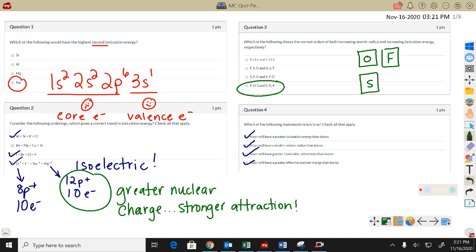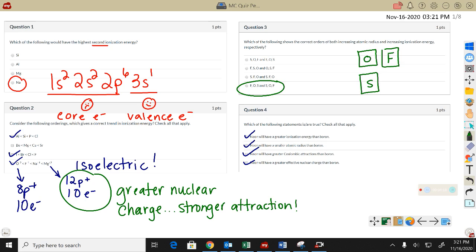As long as it was a group trend and they all form +2 ions, or they all form their -1 ion. These elements, oxygen, fluorine, sodium, magnesium, they are not in a group together, and they all have different charges, which is kind of like a red flag that this could be an isoelectronic series, just meaning that they'll all have the same number of electrons when I take the charge into consideration.